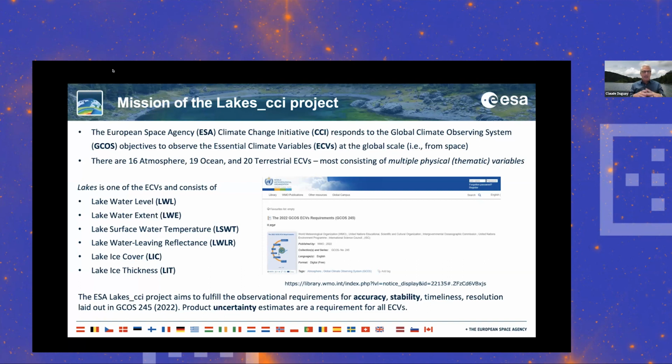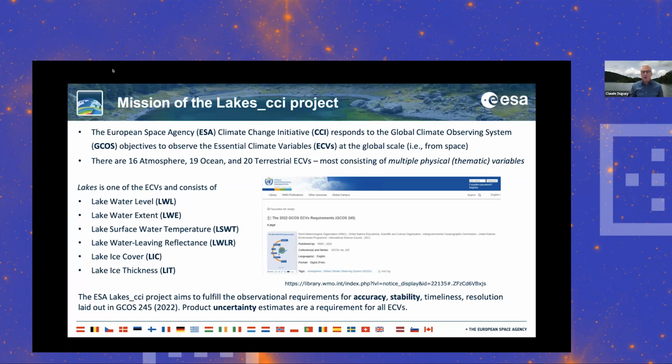So the ECV is lakes. If we look at the GCOS documentation, the most recent version, the 2022 version of GCOS, lakes is the variable, and then under that lakes variable, there are thematic variables.